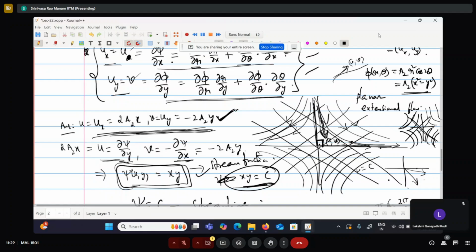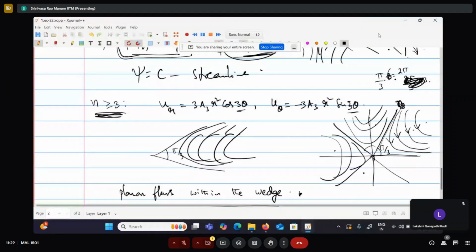Now you take n greater than or equal to 3 and try to do the same thing. So you can easily see between the angles. N equal to 2 means you have considered between 0 to pi by 2, perpendicular planes. Between them you have the flow.